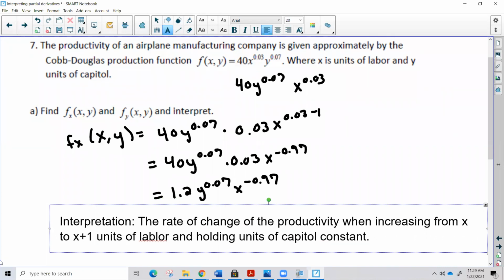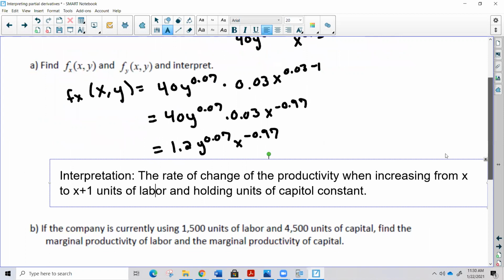So one way to say it would be the rate of change of the productivity. And if you want to be more specific, you could say the productivity of airplane manufacturing when increasing from X to X plus 1 units of labor and holding the units of capital constant. Okay, so that would be my interpretation for the X.